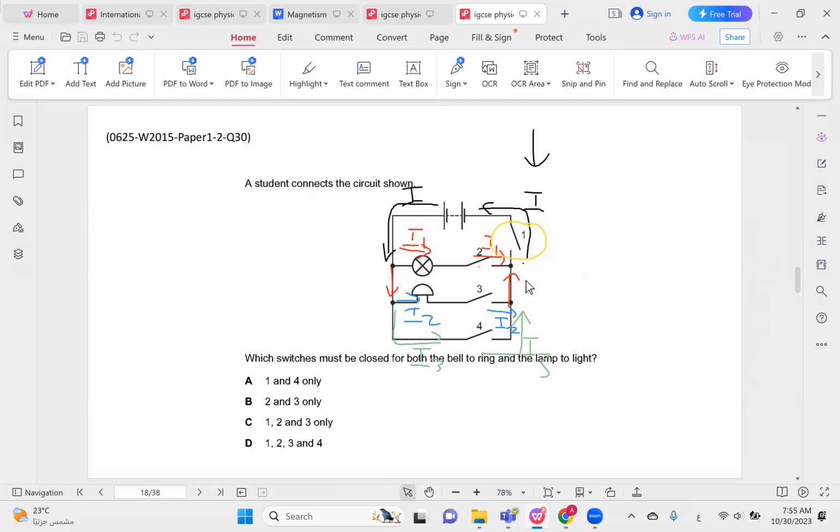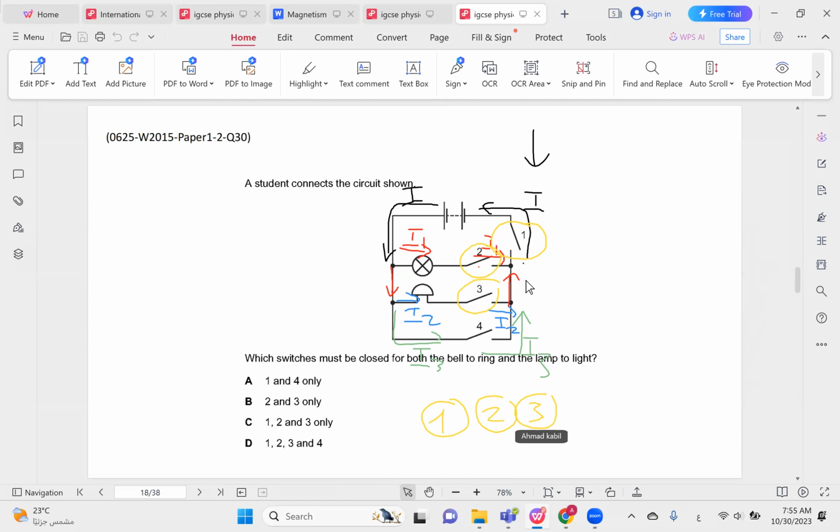So one is among my correct answers. What about two? Well, for the lamp to light, I have to close two as well, because otherwise the lamp won't light. So I need to close two. What about three? I also need to close three for the bell to ring.